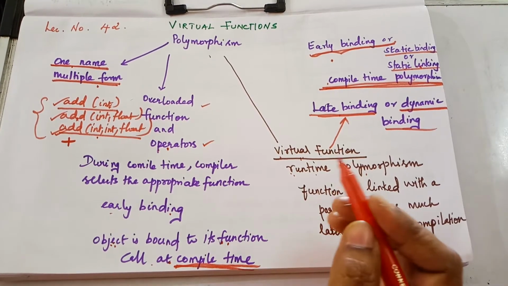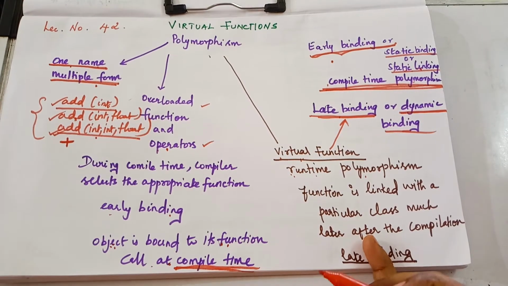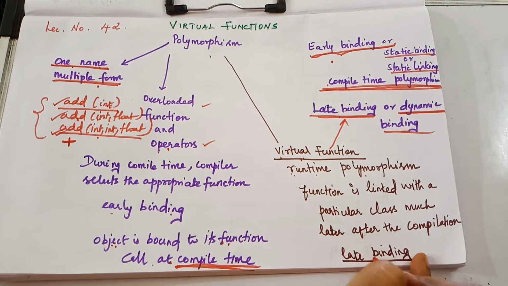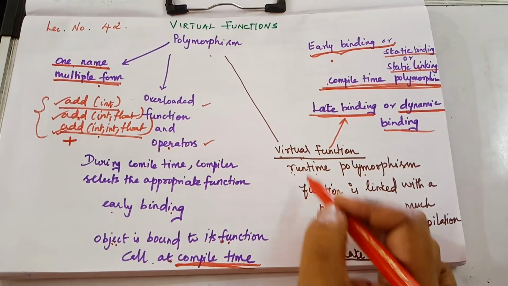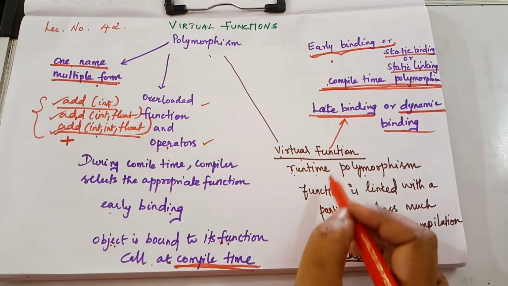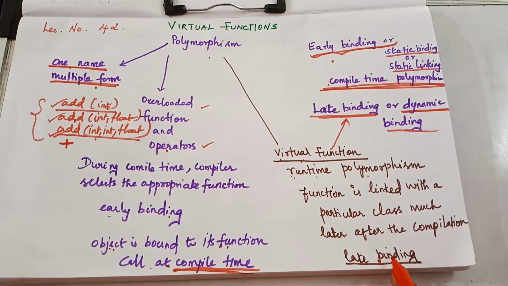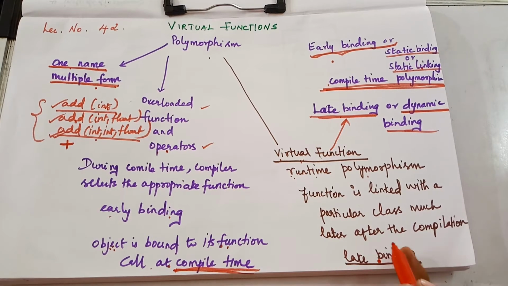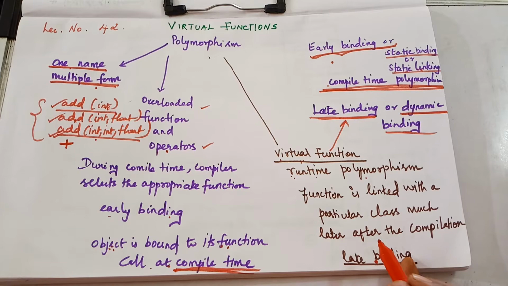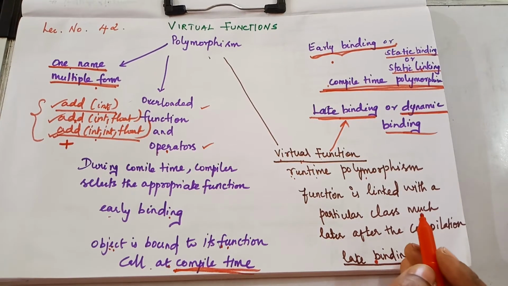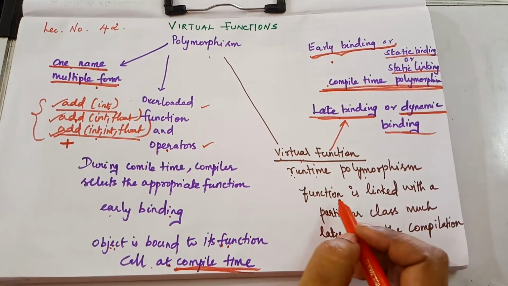So the member function is linked with the object after the compilation time. Here we are going to use the pointer concept. Whenever we use a pointer, the compiler will not allocate the memory space during compilation. Only during runtime will the memory be allotted. That is called runtime polymorphism.